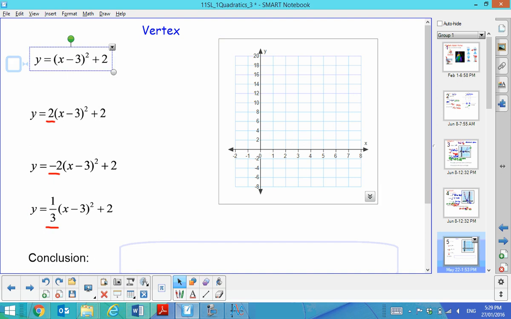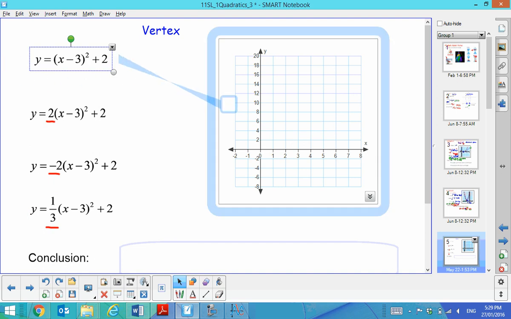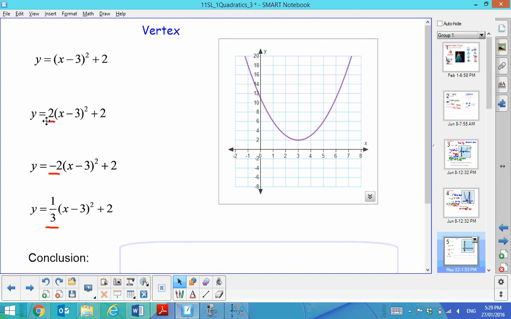So let's go back to the beginning one. Here's our first one. Hopefully you worked out our vertex is at 3, 2, because it's written as x minus 3 all squared and plus 2. Our next one, because we still see it at minus 3 and plus 2, I think it's going to be the same place.